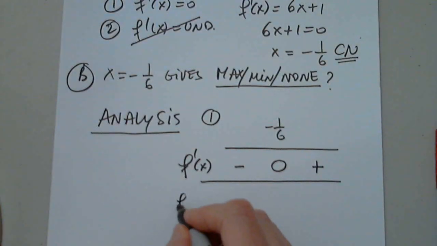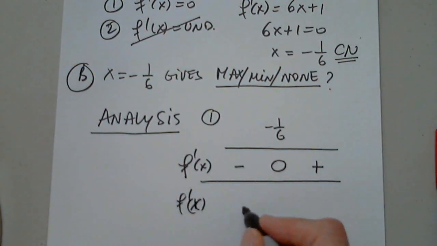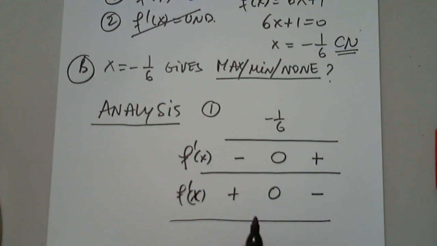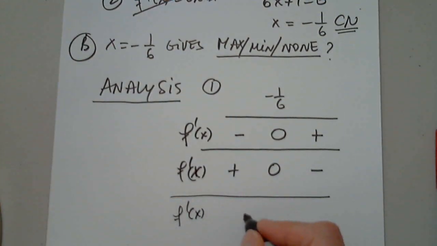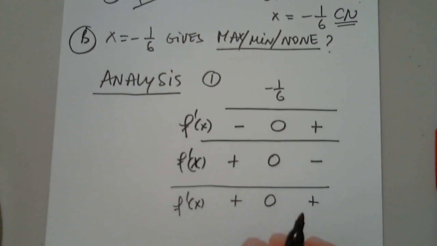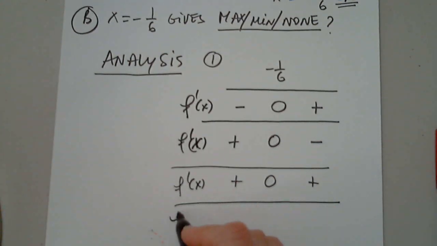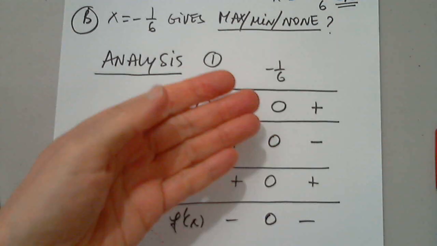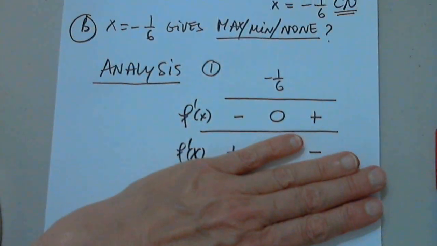Or the first derivative does this. Or the first derivative does this. Or the first derivative does this. There is no other option. These are all possible options. Okay, let's analyze the first one.